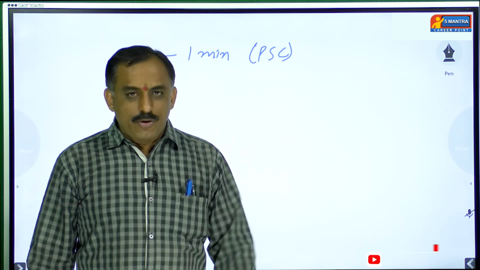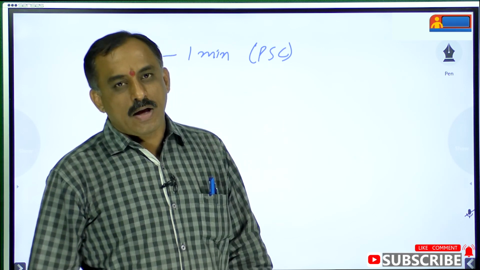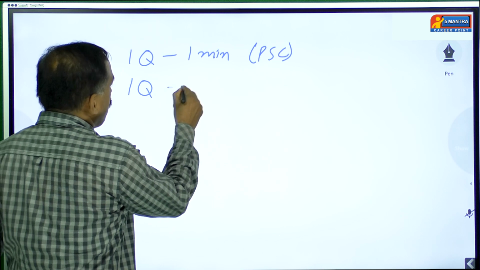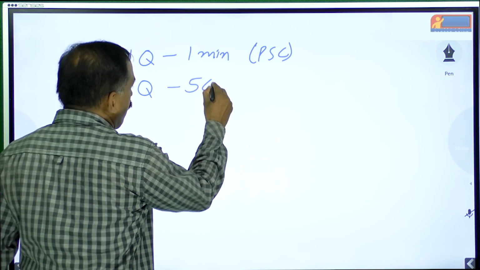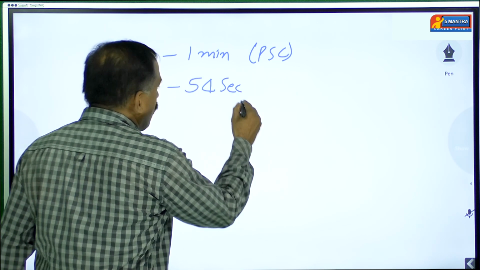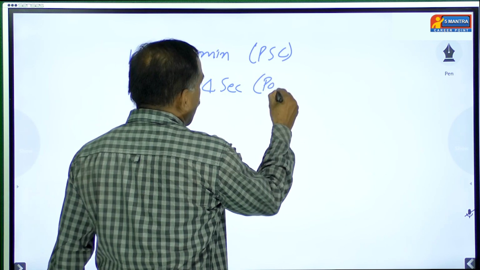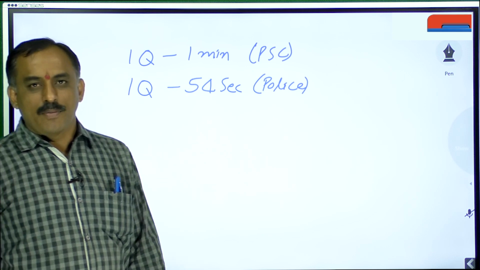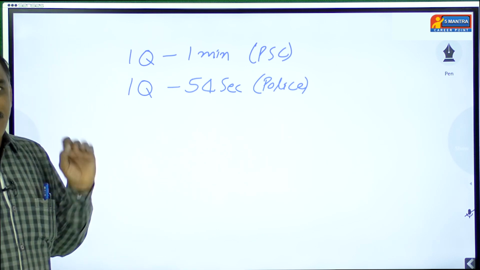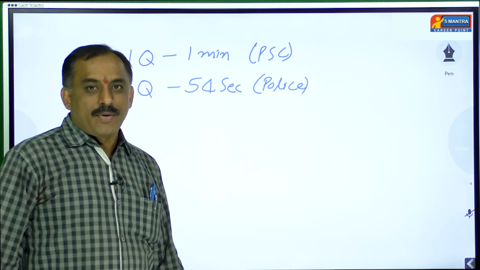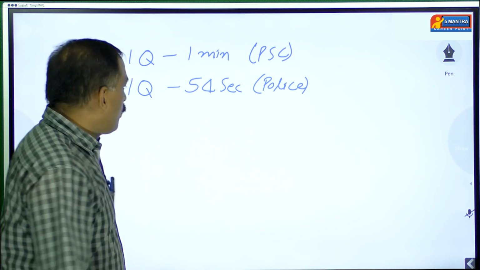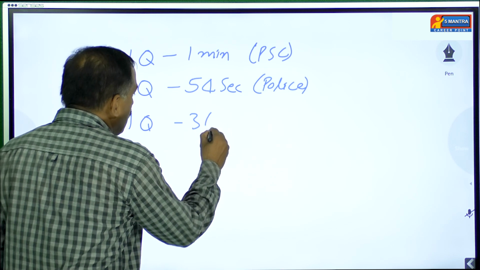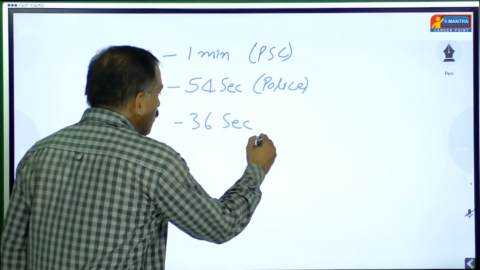Now, take the police department, sub-inspector of police or constable. For each and every question, you have only 54 seconds. And the next one is the bank exams. In bank examination, for each and every question, you have only 36 seconds.